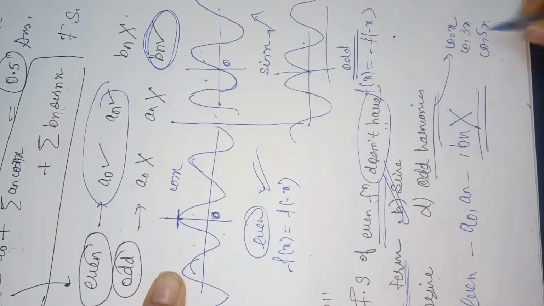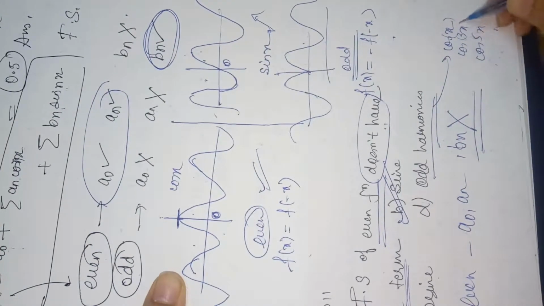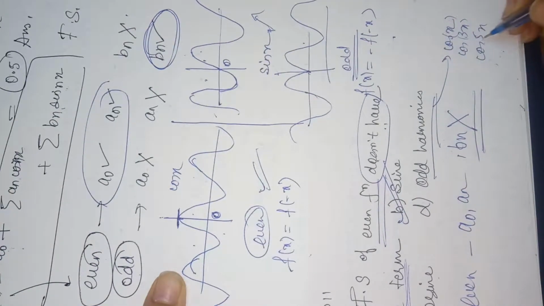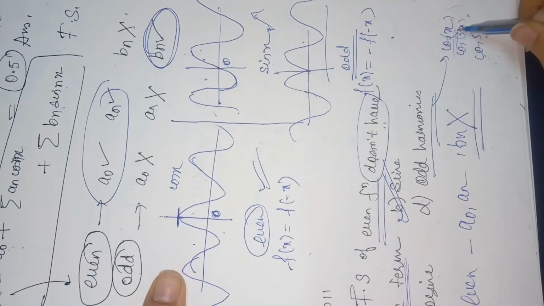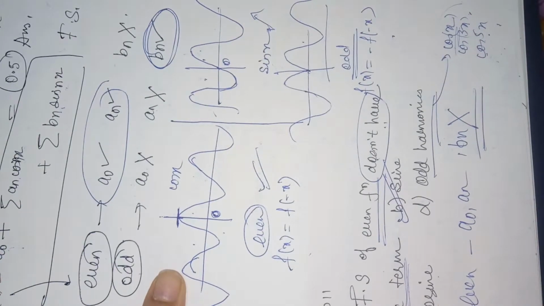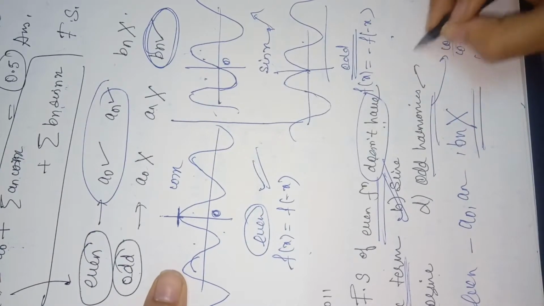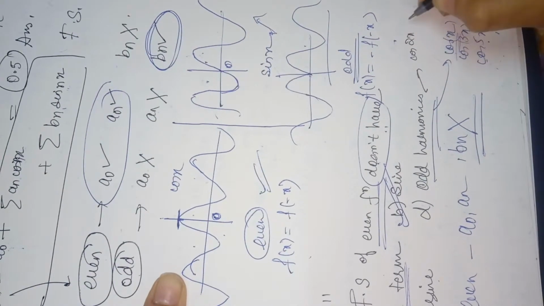Cos would be there because it's an even function, but the multipliers should be odd numbers: 1, 3, 5. That doesn't make the function odd, because cos of anything would be even. And the even harmonics in that case would be cos 2x, cos 4x, cos 6x.